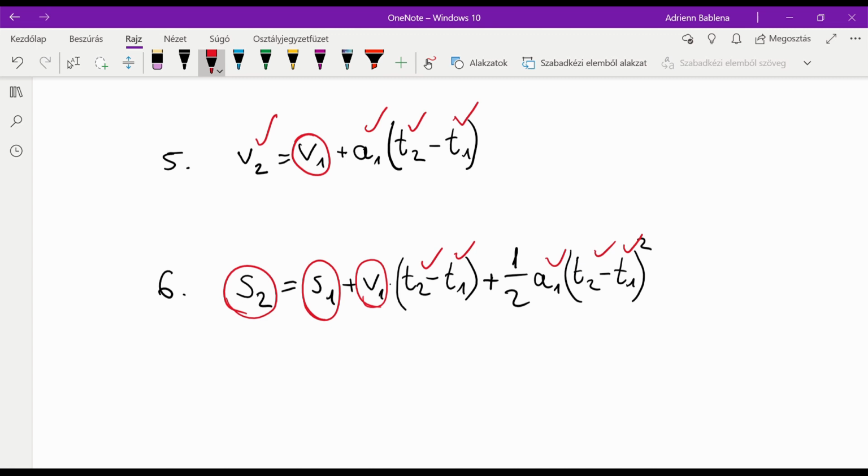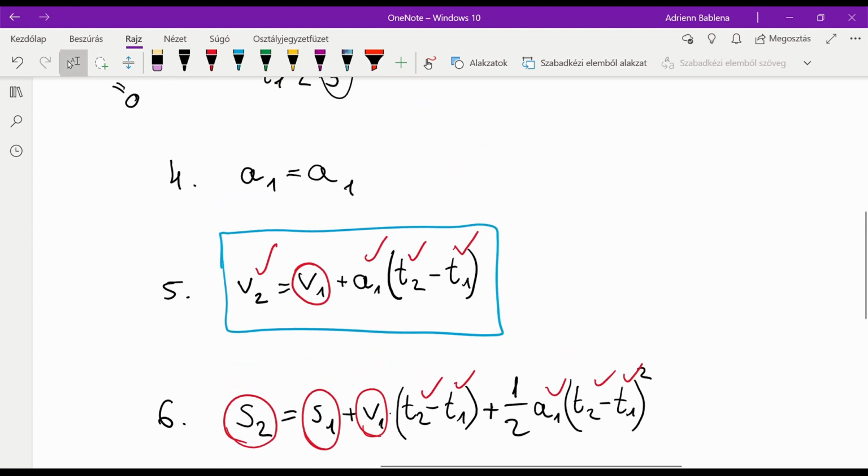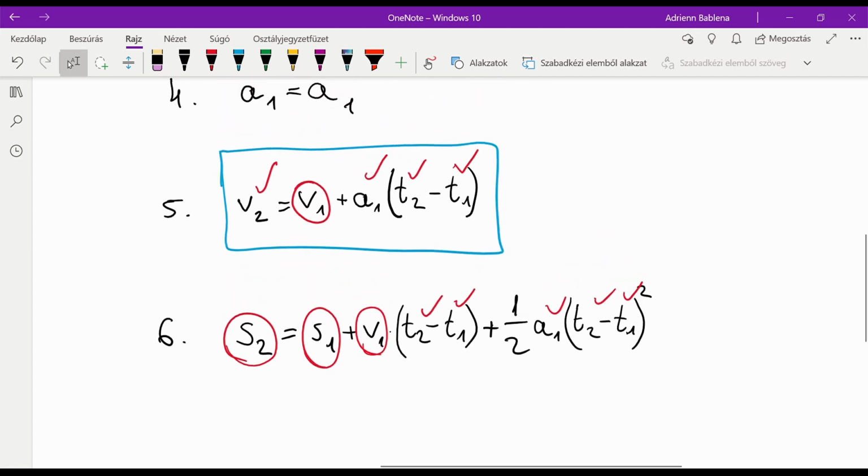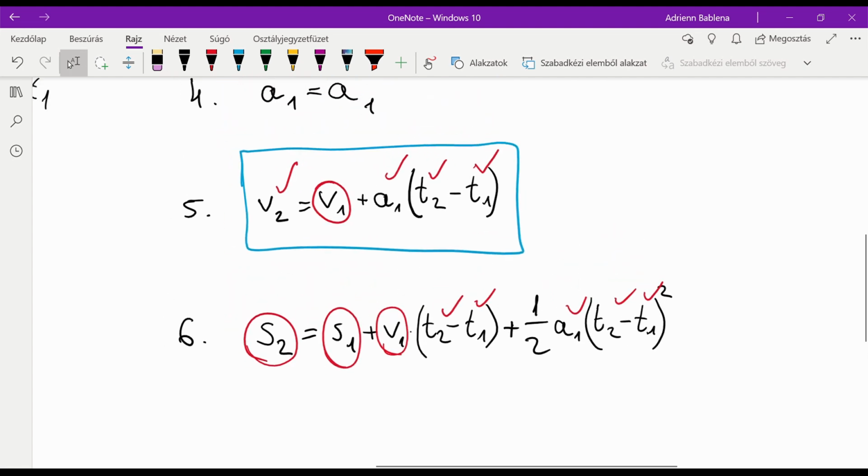Okay, 3 unknown parameters in the sixth equation. Okay, so let's start with the fifth equation. We can see that we have only one unknown parameter, V1. We can calculate V1 from this.